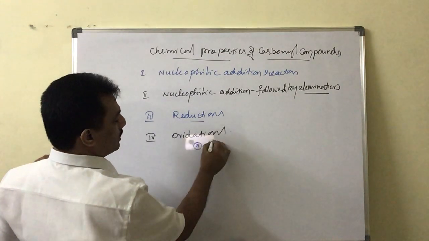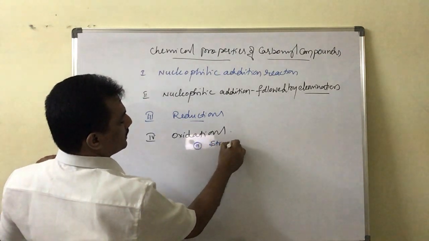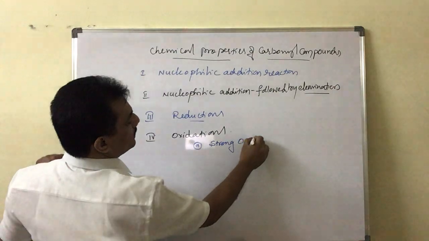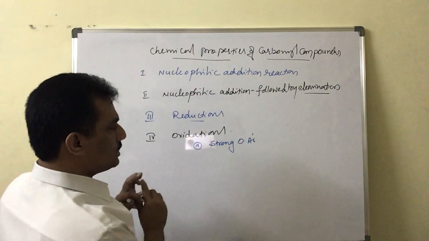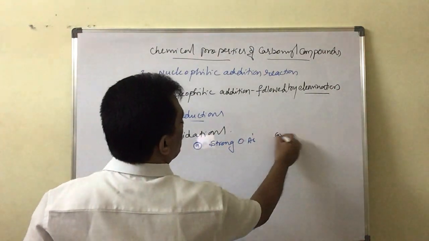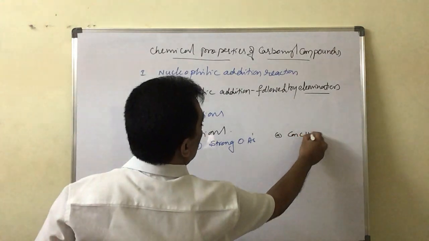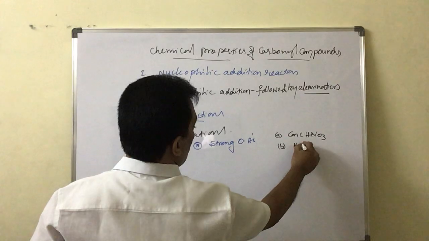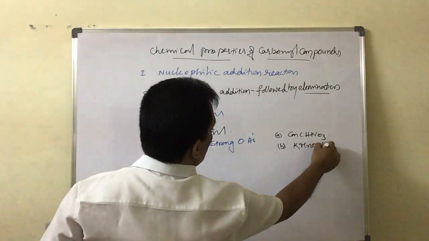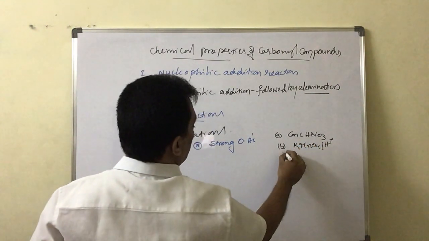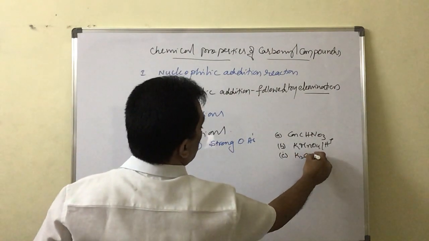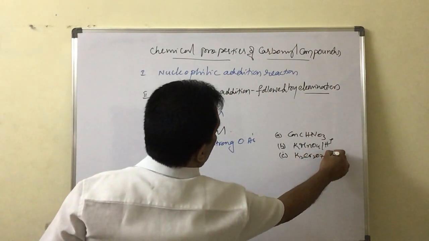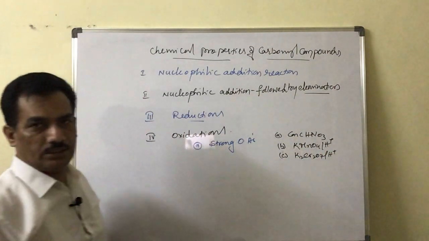The first are strong oxidizing agents, and here the list is concentrated HNO3, KMnO4 in acid medium, or K2Cr2O7 in acid medium. All these are strong oxidizing agents.